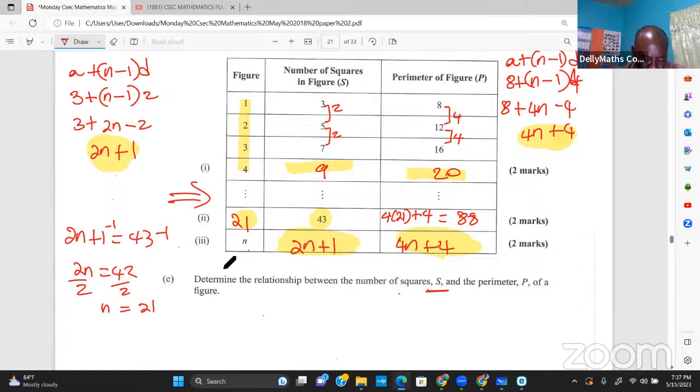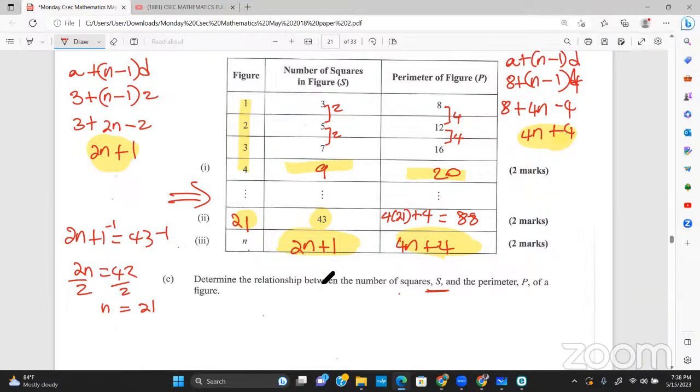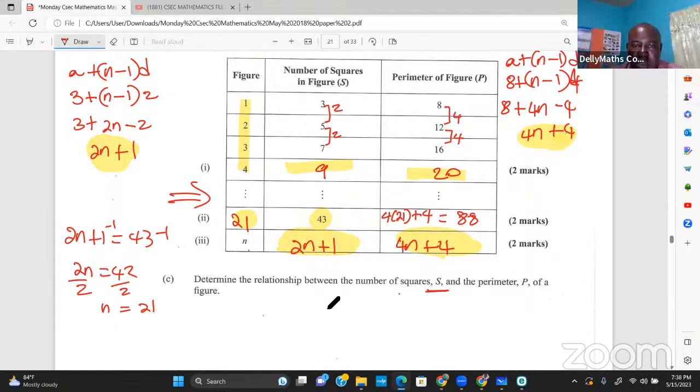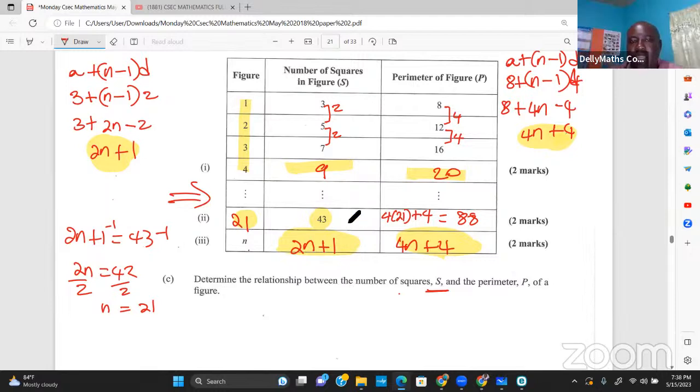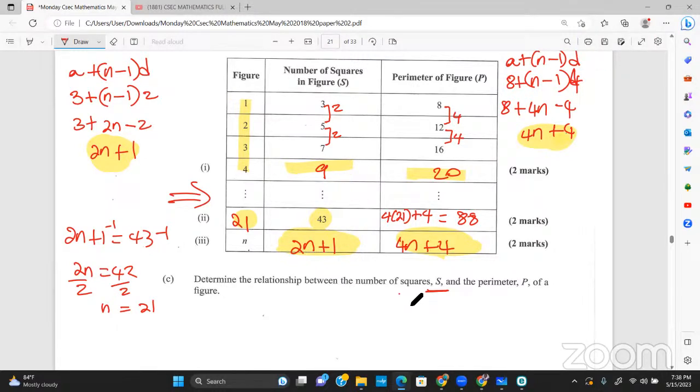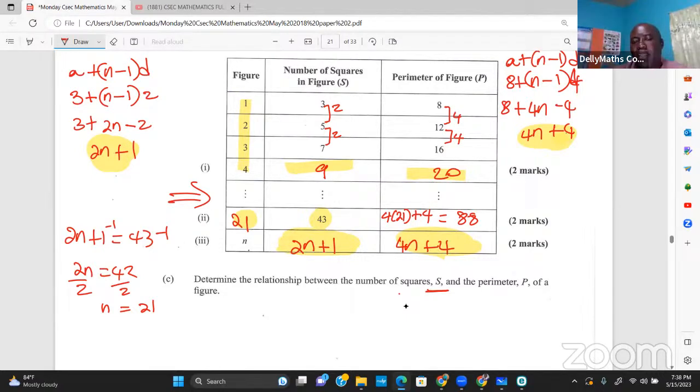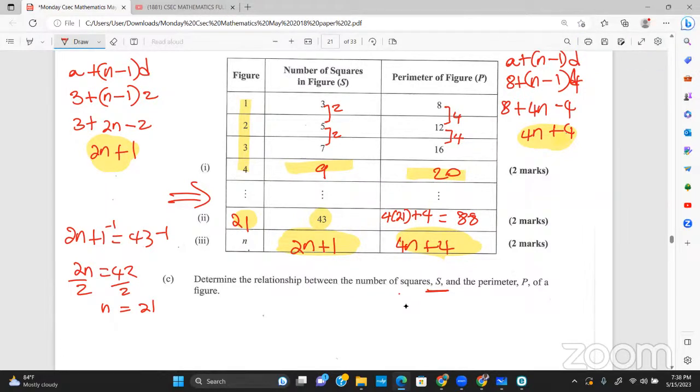Quick relationship. Multiply by 2. Multiply by 2? I don't think it's 2. You double it? Yes, sir. Take a quick look. Sir, 2S plus 2 equals P.